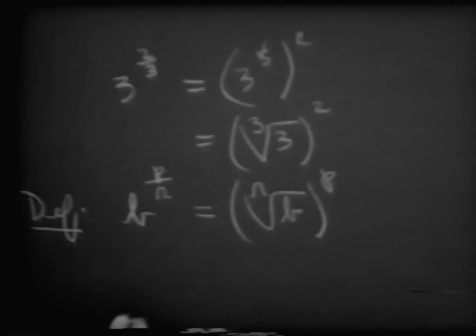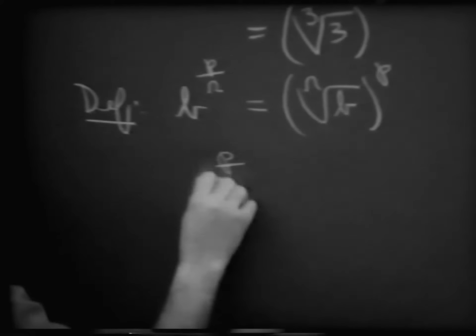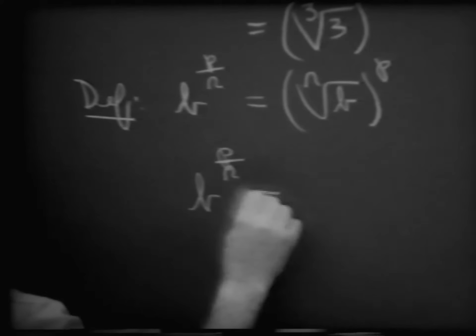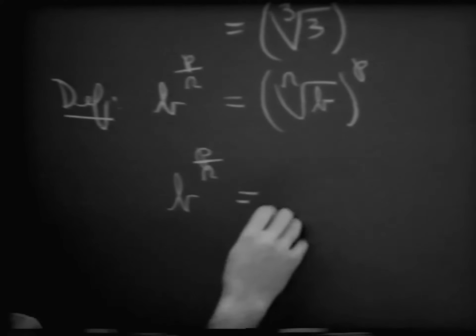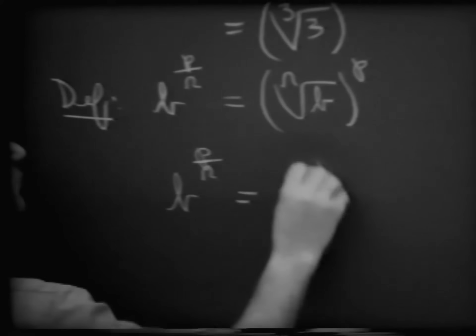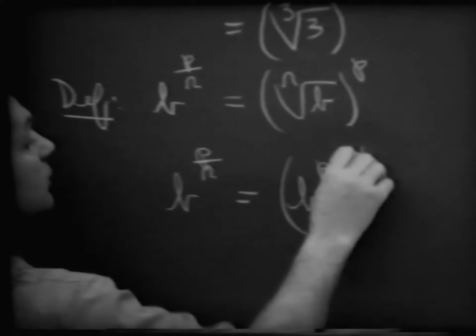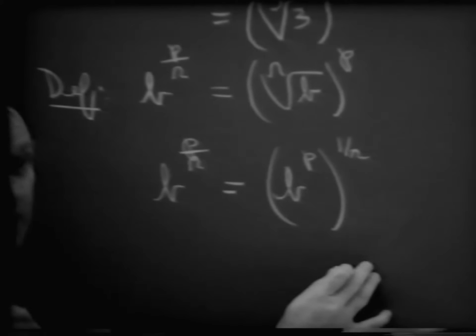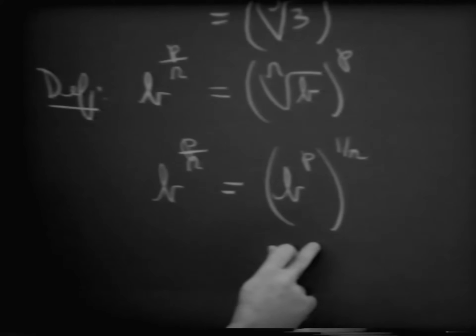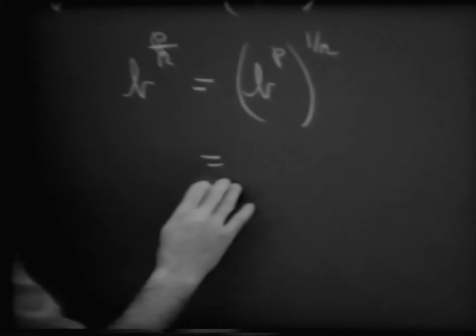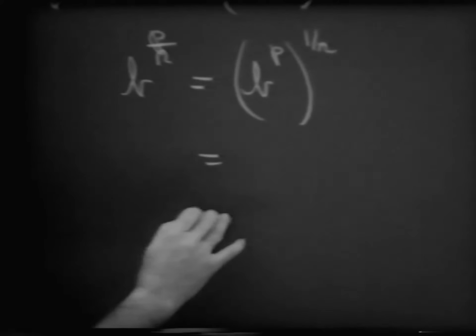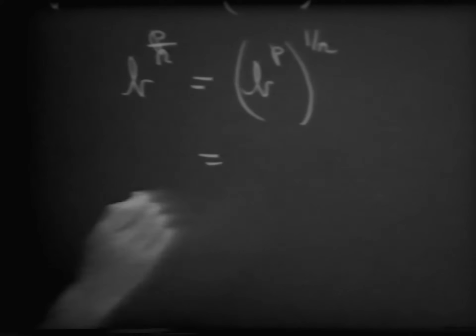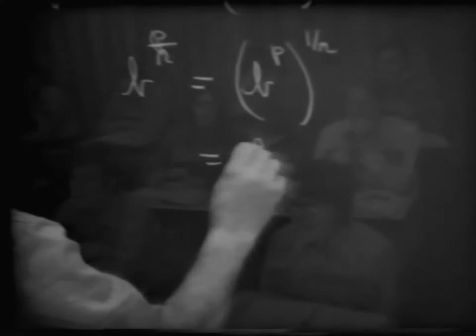Looking at that statement again, on the left-hand side I may write this as b raised to the p, all raised to the 1/r power. Is that right? Now, using our definition again, this may be written as the rth root of b raised to the p power.